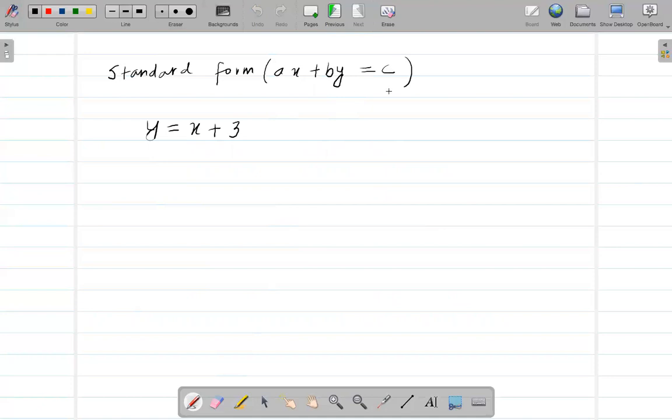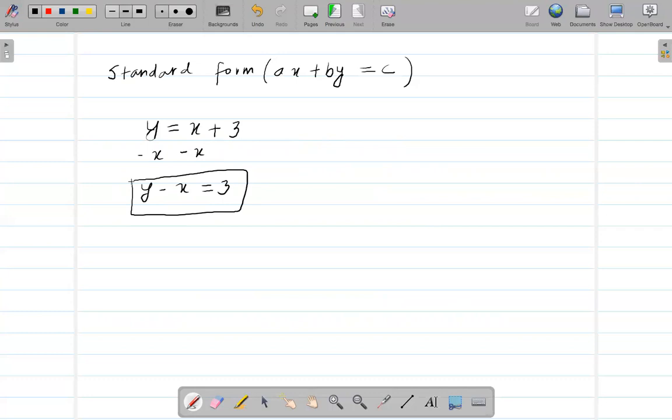Okay, anyway, on one side, there should be just the number and everything else should be on the other side. So that means I just have to move this x to other side or just subtract x on both sides. So then we get y minus x is equal to 3. And this is a standard form. So it's just the basic algebra. You just have to move terms here and there and just have to write the answer the problem is asking, right?